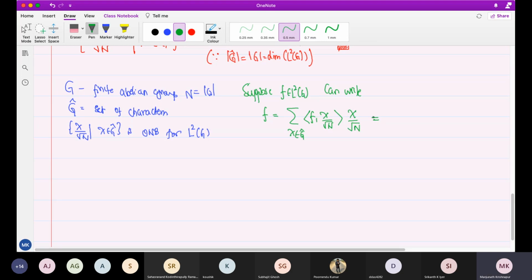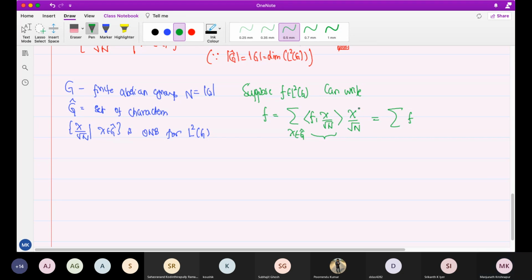No, it's correct. So let's call this f hat of chi. You don't need that 1 over root n, that is included. Because this is the orthonormal basis, I have to take f inner product with an element of the orthonormal basis, and then the orthonormal basis element.